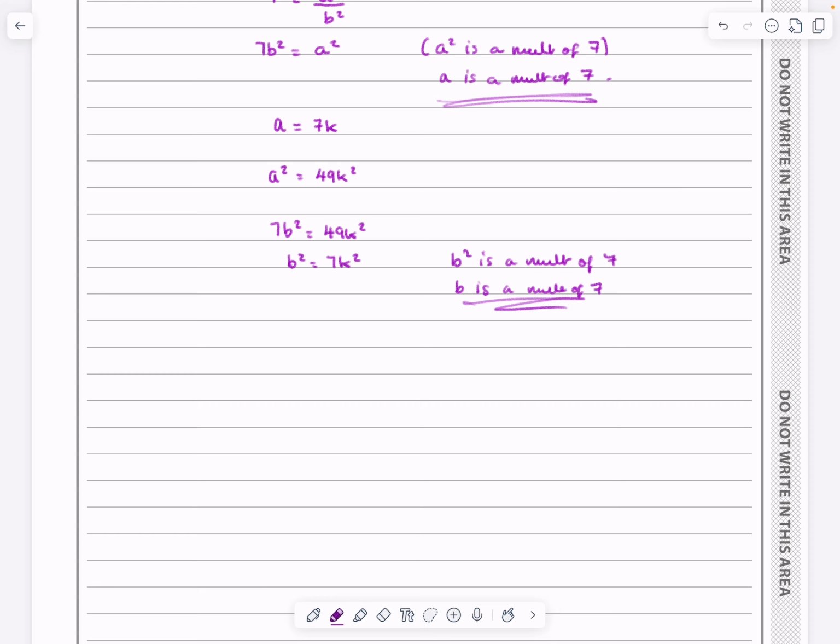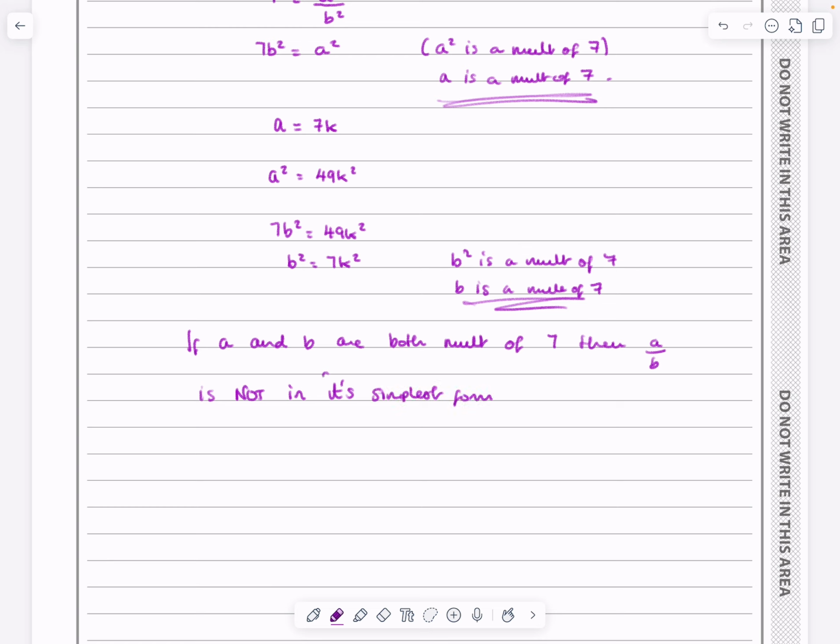So I need to write that down. If a and b are both multiples of 7, then a over b is not in its simplest form.